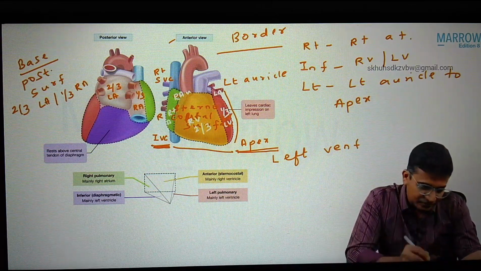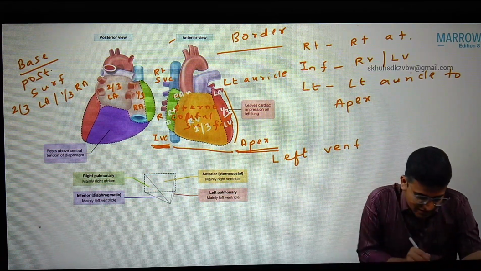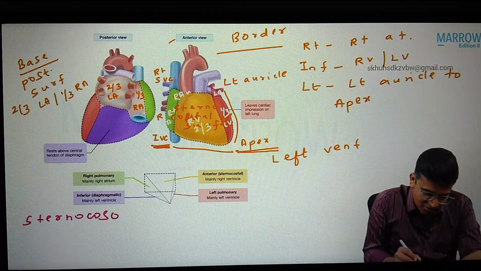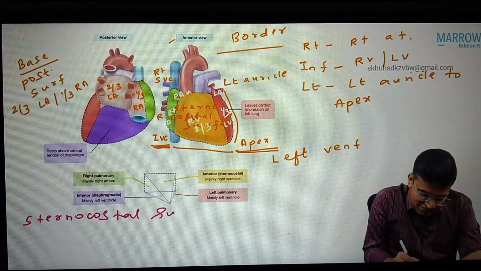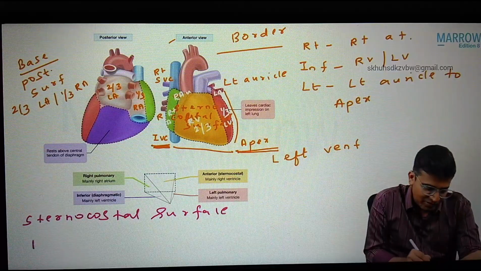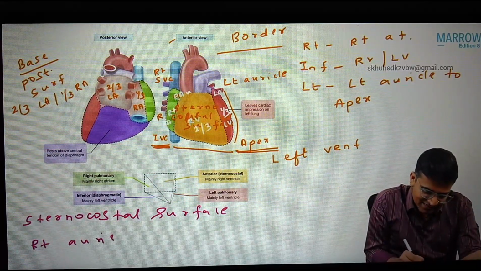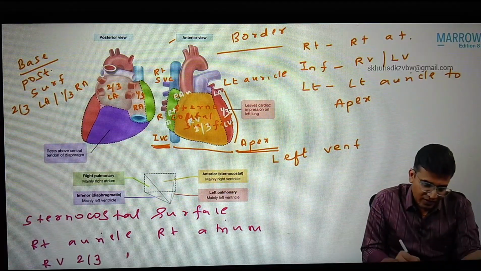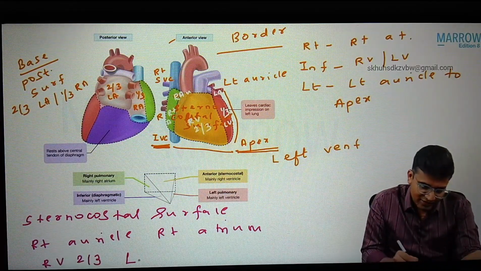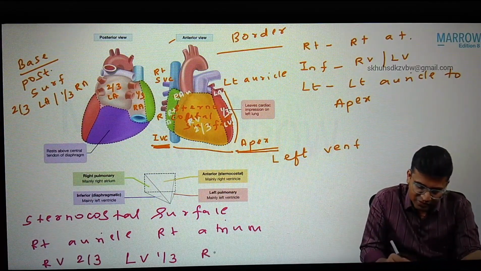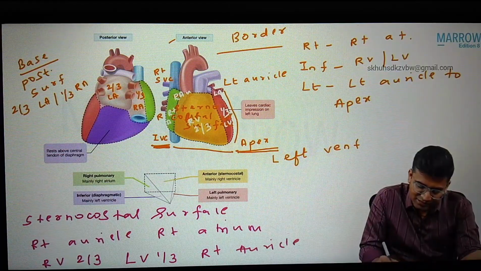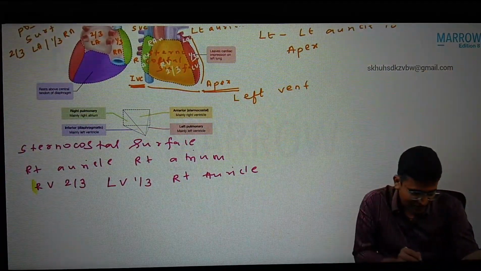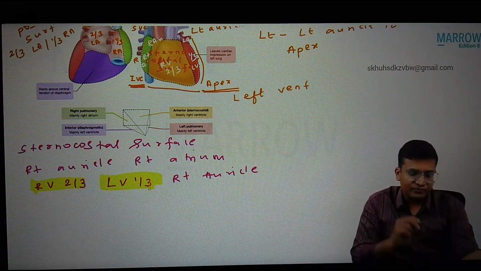So please write: the sternocostal surface is formed by the right auricle, right atrium, left ventricle 1/3 and also by the right auricle. The major contribution is by the right ventricle and left ventricle.